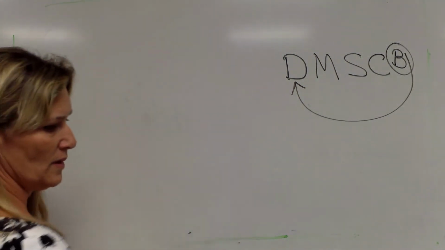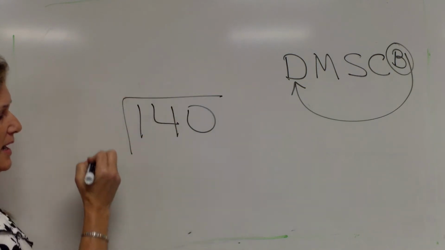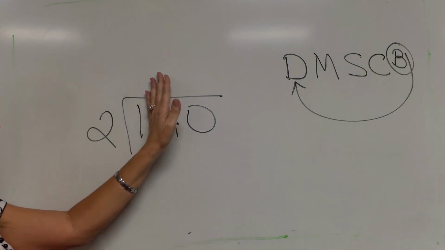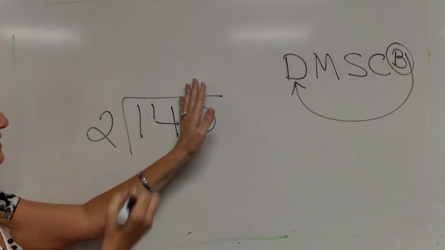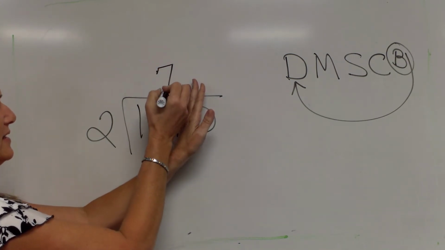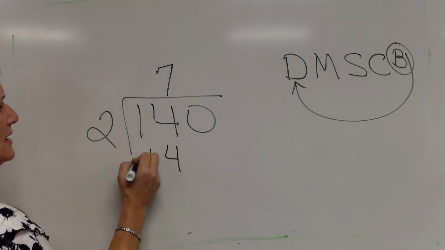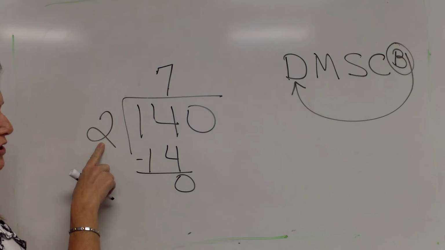Okay. 140 divided by 2. Again, can't say 1 divided by 2, so I'm going to scoot over. 14 divided by 2 is 7. 7 times 2 is 14. Now I subtract. Is 0 smaller than 2?